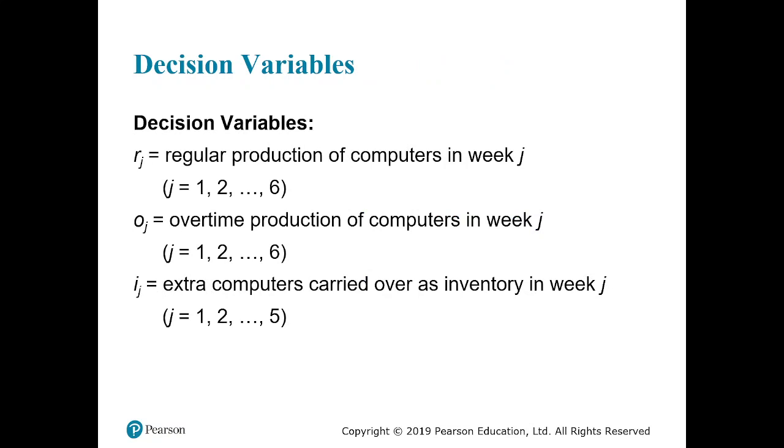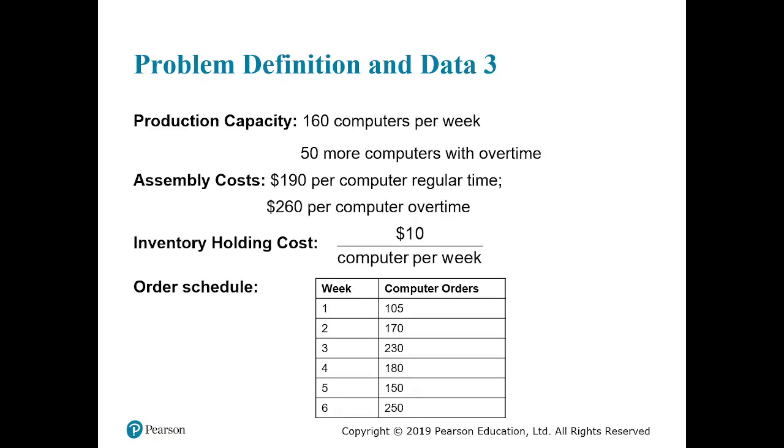The decision variable that we have is Rj, where R is the regular production. So Rj goes from R1, R2, R3, R4, R5, and R6. If you put R1 as 160, that means you are going to produce 160 computers at the regular capacity.